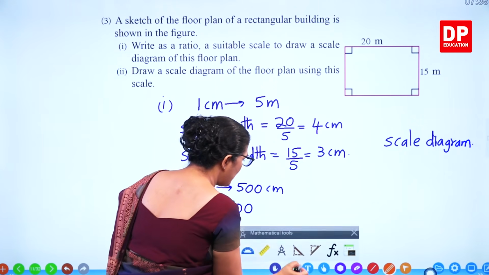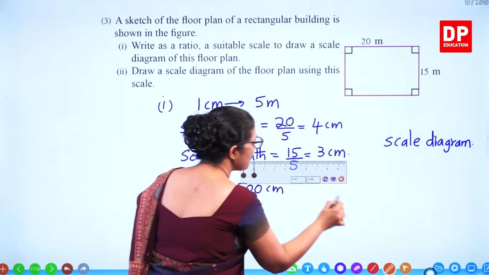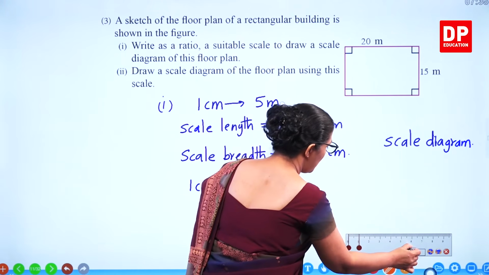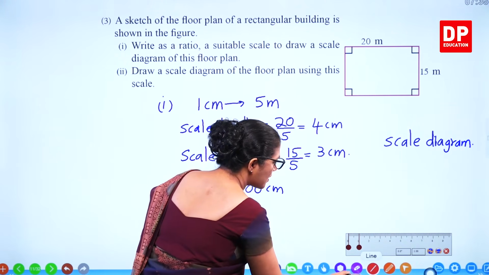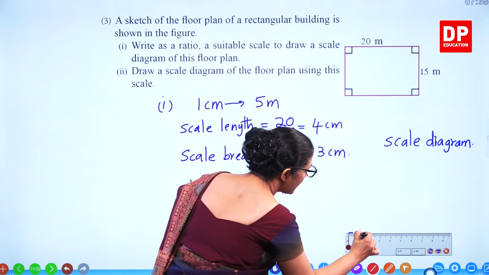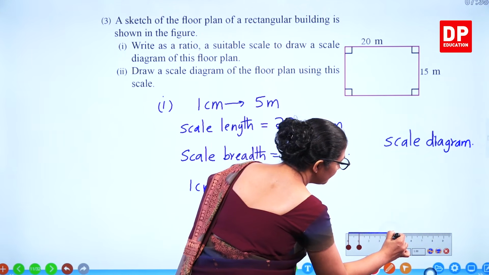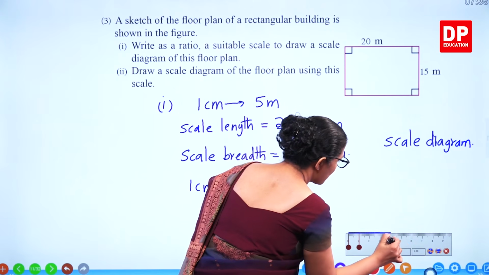So take the ruler and we can measure first the 4 centimeter length. That's here to here.